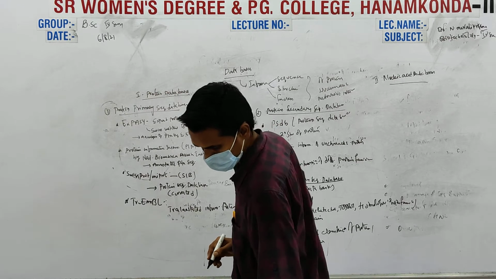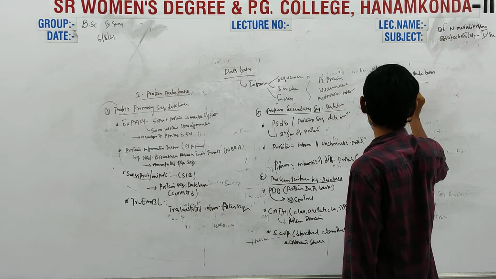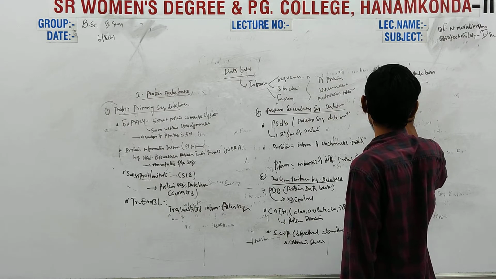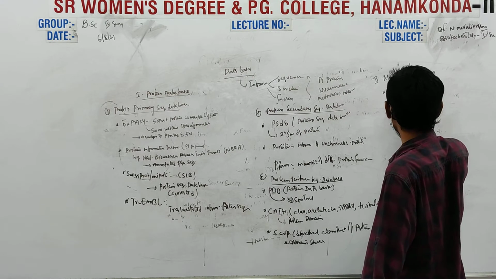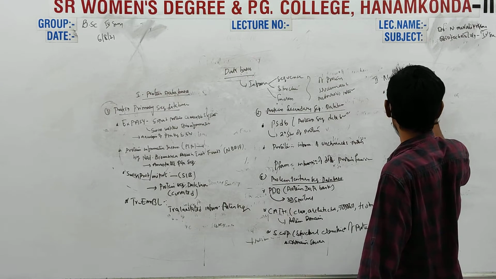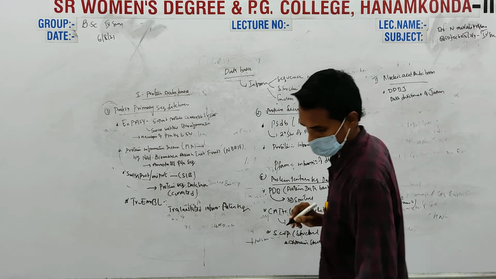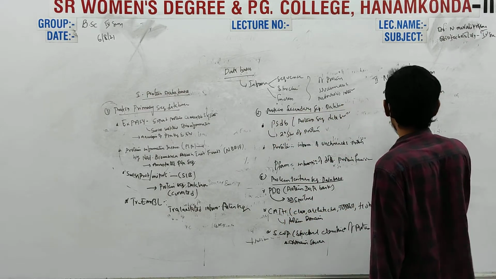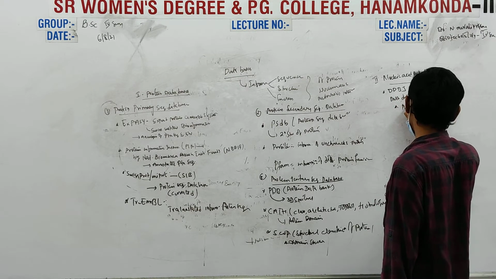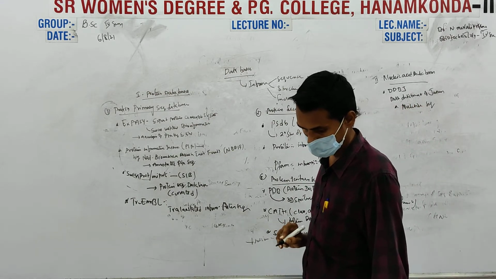First one is DDBJ, DNA Data Bank of Japan, which contains the information of nucleotide sequences.